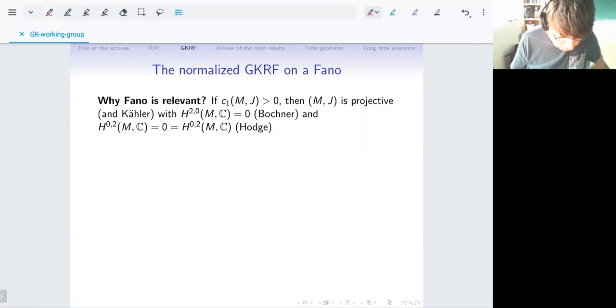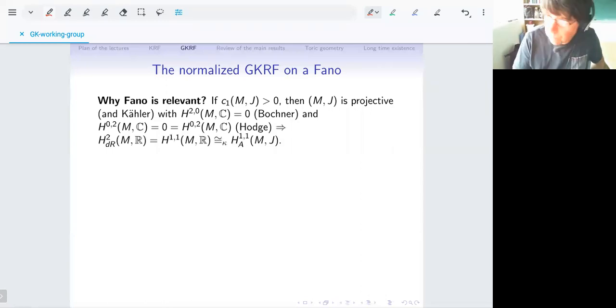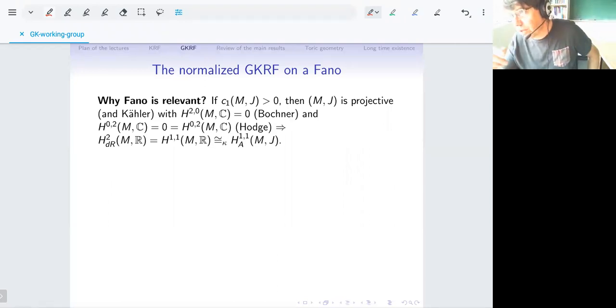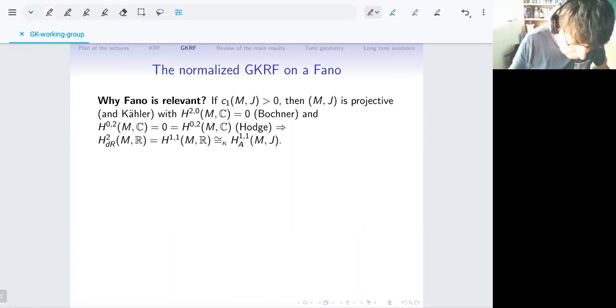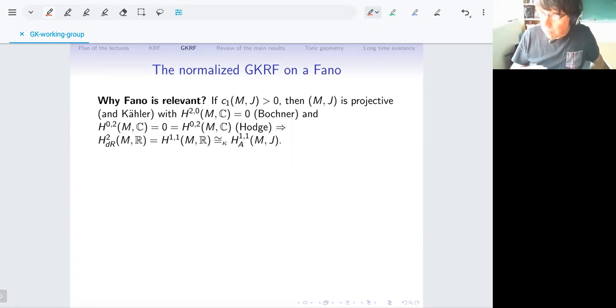And in particular, the second de Rham cohomology is the same thing as H^{1,1}, real (1,1) forms which are represented by closed forms. And because of that, you can see actually that this kappa, which goes from H^2 to H^1, is actually an isomorphism.